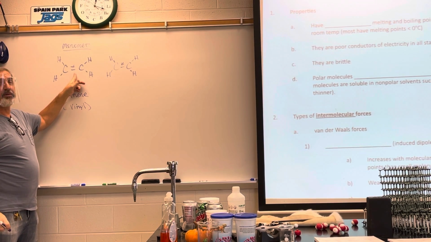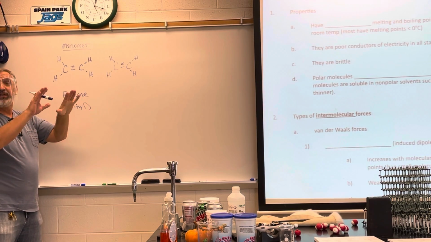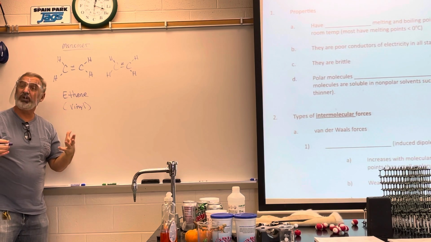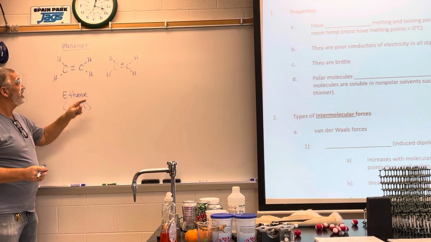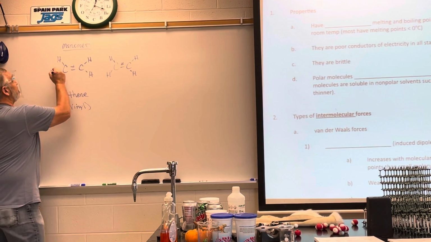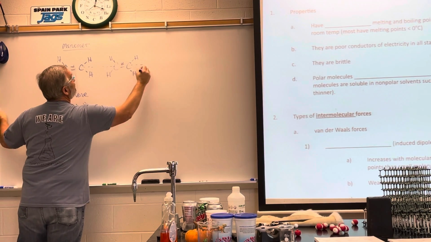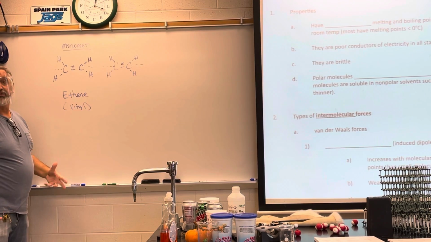The pi bond. Remember, the pi bond is always the weaker bond. There's less overlap. The second and third bonds of a double bond are always pi. The first bond is always a sigma type bond. So the pi bond is going to break, but that's going to let each carbon form a bond on each side.